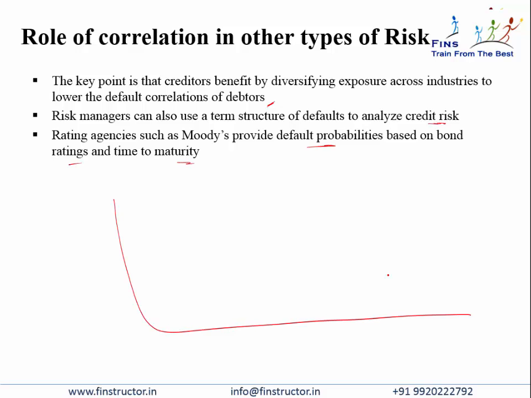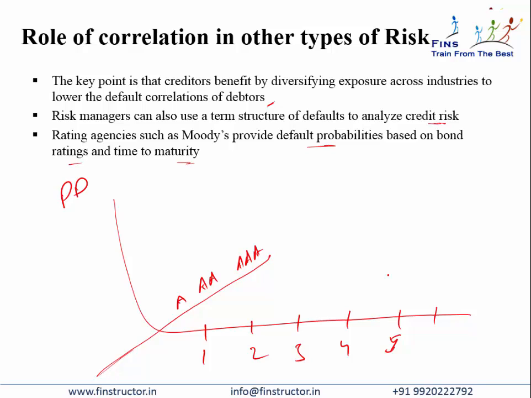So you can construct a matrix, with ratings on one scale and the time to maturity of the debt, 1 year, 2 year, 3 year, 4 year, and construct a term structure of the probability of default. You can analyze that and see how the defaults are likely to be correlated in your portfolio, and you can make an attempt to diversify your portfolio.